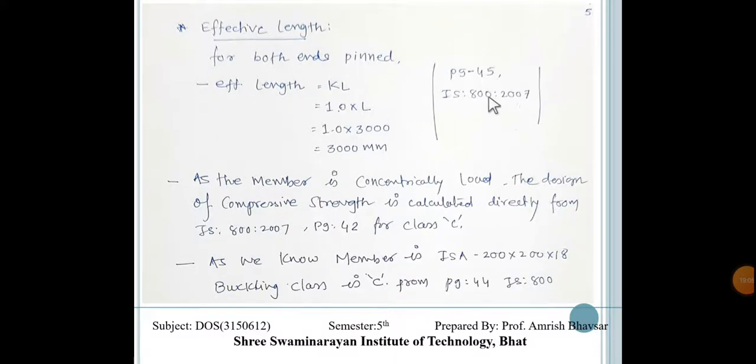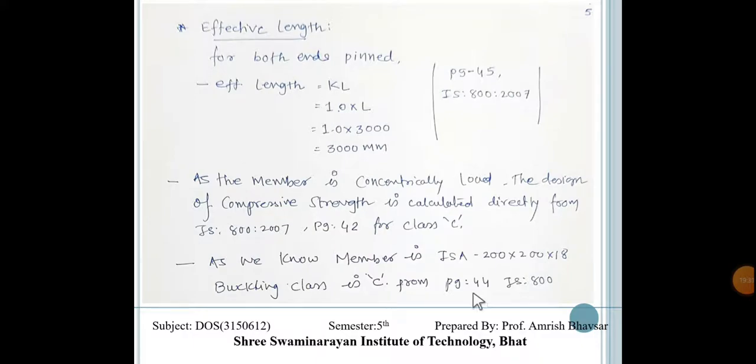Here we have to first take what class our section is, that is given on page number 44. If our class is A, then we have to take page number 39. If class is B, then 40. That is given on these pages. You can refer to IS 800.